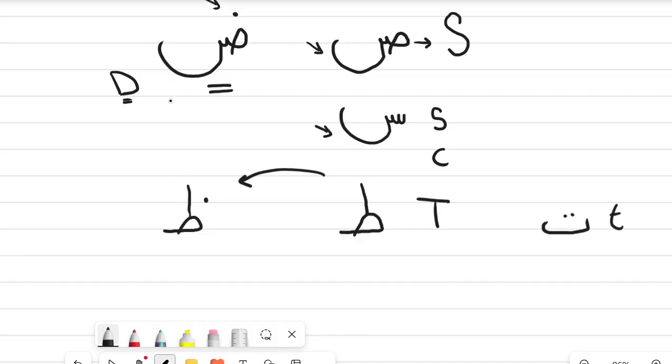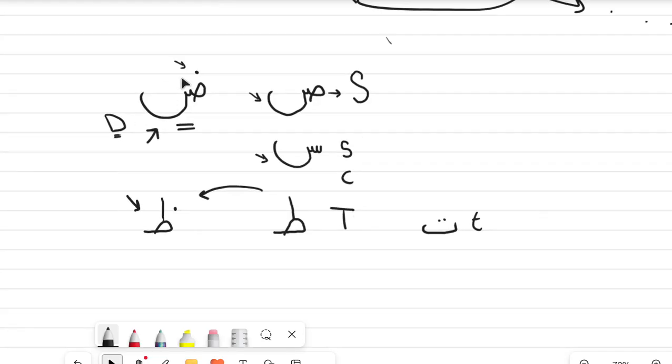What's going on? I'm pronouncing this one just like this one. Okay, that's true. In formal Arabic, we have different pronunciations for these two, but in Iraqi, we don't make the difference. We just read this as va, and we read this as va too. Why can we have two letters, but pronounce them the same?